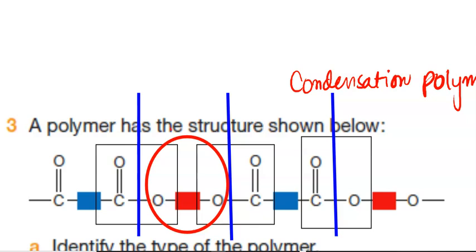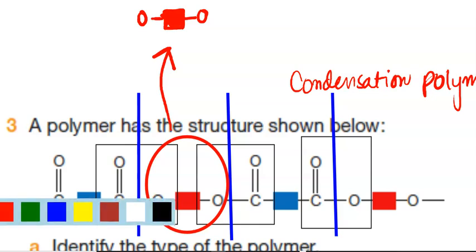Let me pick the first monomer here. So you can see, write this part. This is the O part, and then come to the second part, the second monomer.